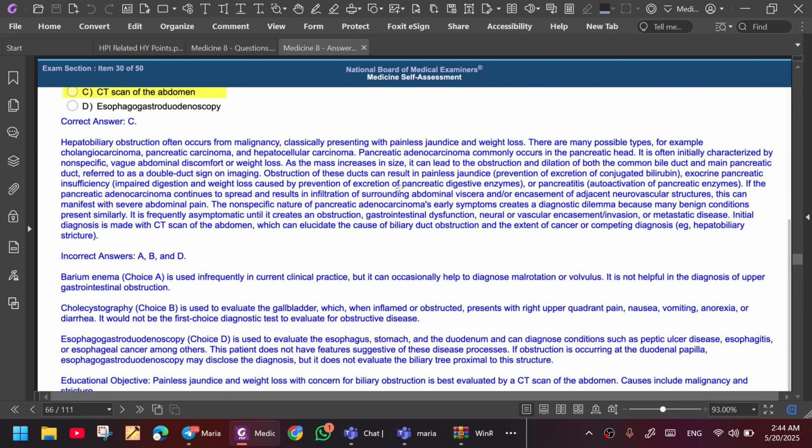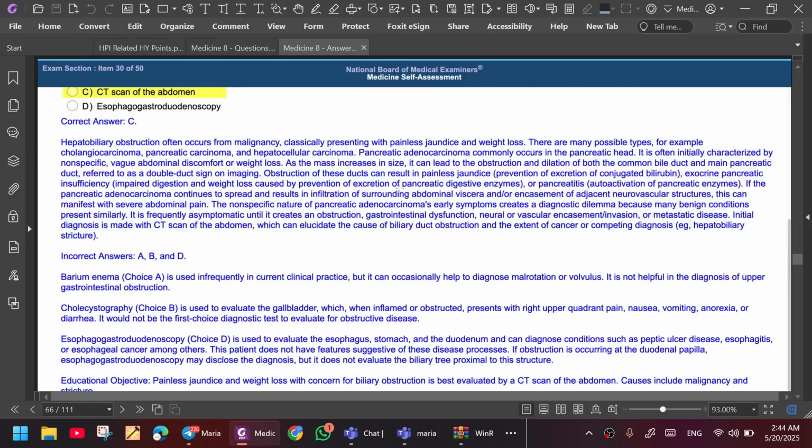If the pancreatic adenocarcinoma continues to spread and results in infiltration of surrounding abdominal viscera or encasement of the adjacent neurovascular structures, this manifests with severe abdominal pain. The non-specific nature of pancreatic adenocarcinoma's early symptoms creates a diagnostic dilemma because many benign conditions present similarly. It is frequently asymptomatic until it creates an obstruction.